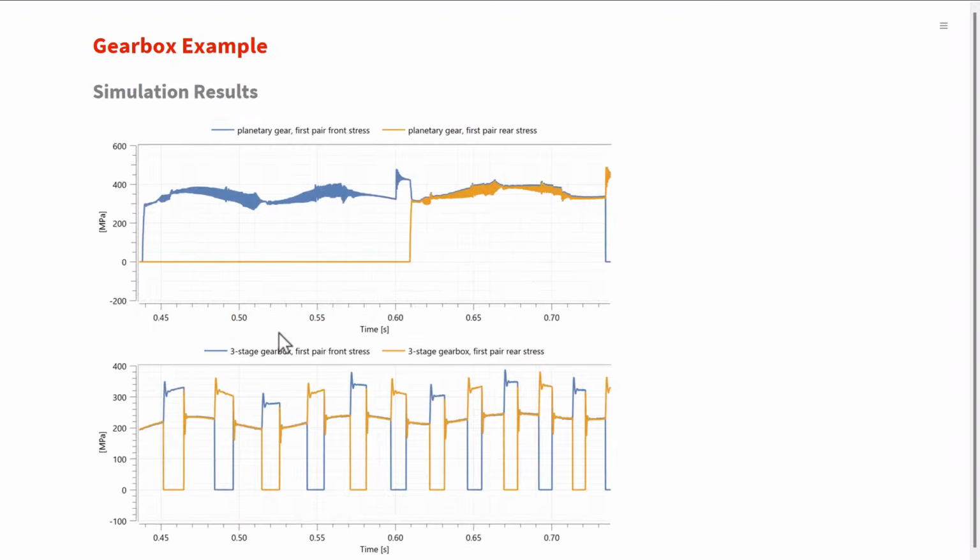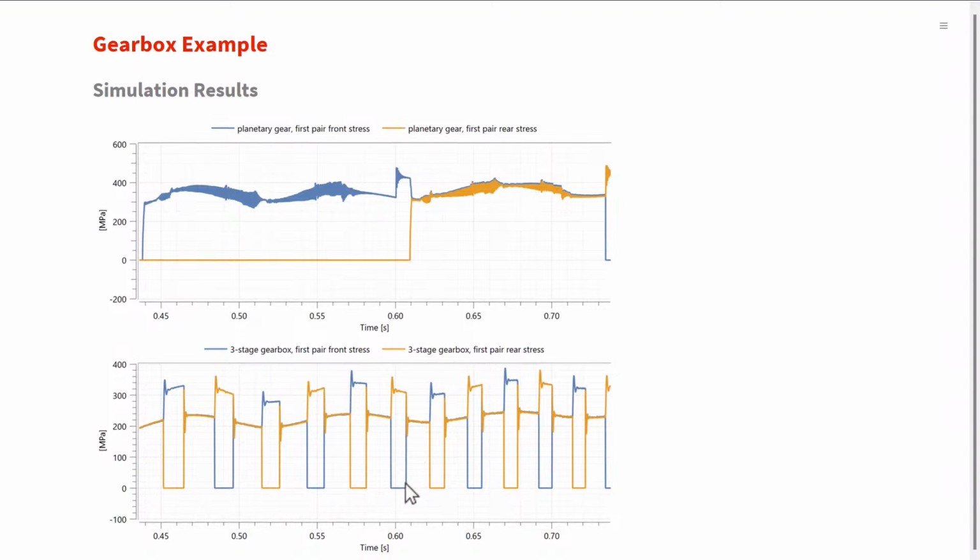In the figure before us, we observe the contact pressure at a key location within our gearbox system over a specific time interval, the places I show on the animation. The top graph focuses on the planetary gear, where we notice a slower rotation, which takes longer time, and the lower graph represents the 3-stage gearbox, which rotates at higher speed, and that is why in a given time we see more contact.